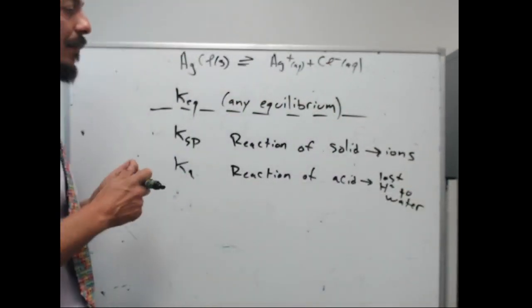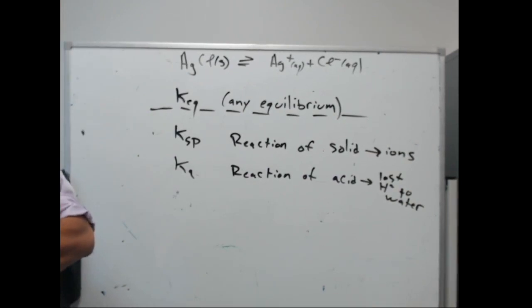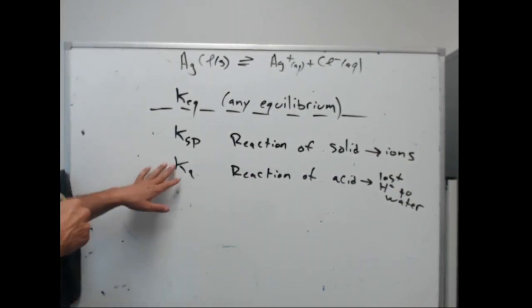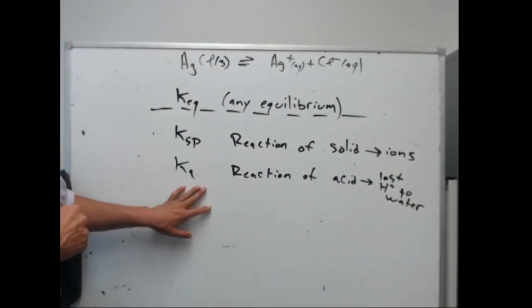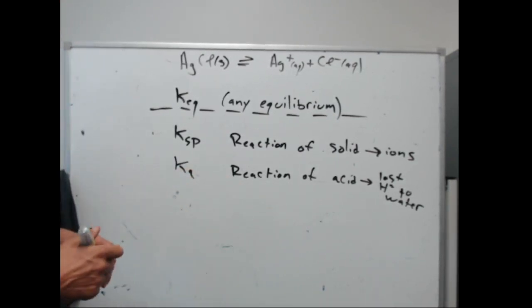We're going to have a better way to talk about this, but this is specifically an acid giving H plus to water. There's a particular reaction. When we write K with a subscript A, we're talking about a particular reaction that's going on.